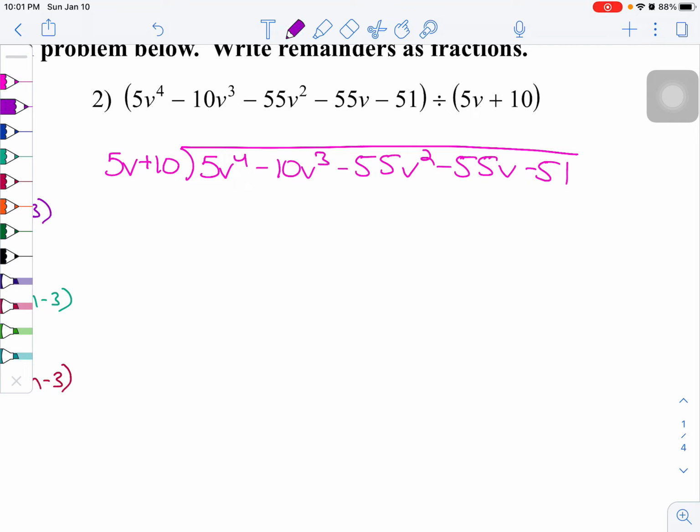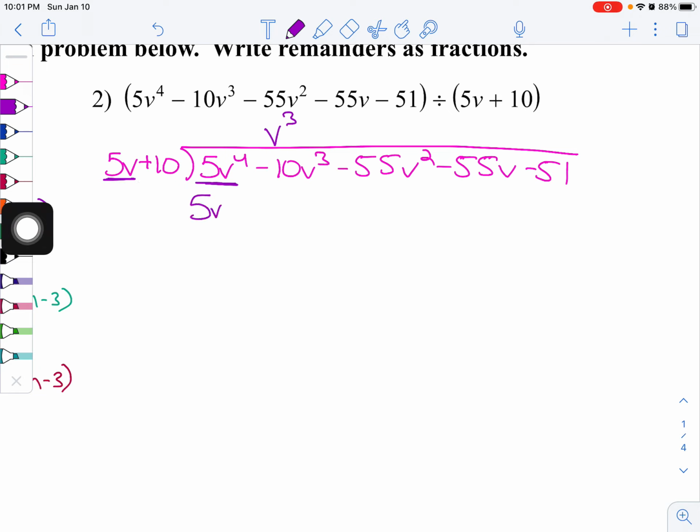So we're going to start at the beginning, and I am going to take this leading term here of 5v and divide it into that first term of my dividend, which is inside the box. So 5v to the 4th divided by 5v is going to be v cubed. If you put a 1 there, totally fine. So now I'm going to take v cubed and multiply it times both of these terms to stack them up.